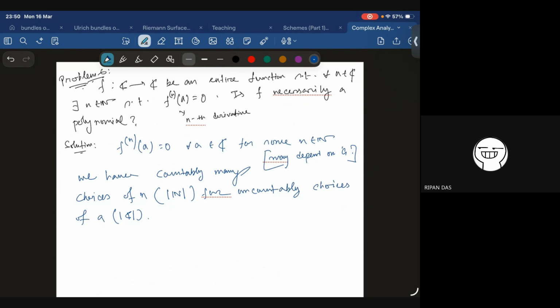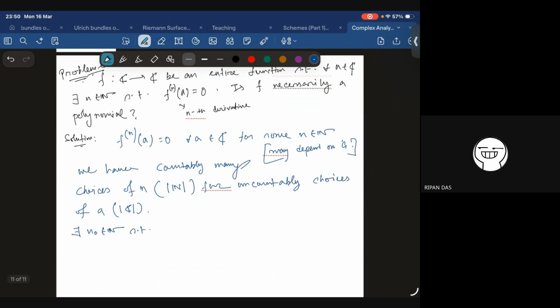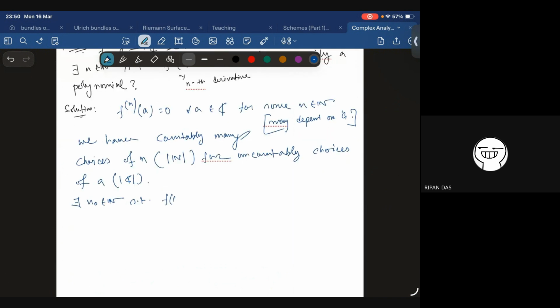So there exists, just by the pigeonhole principle, n naught belongs to natural number such that f^(n naught)(a) equals 0 for uncountably many a.